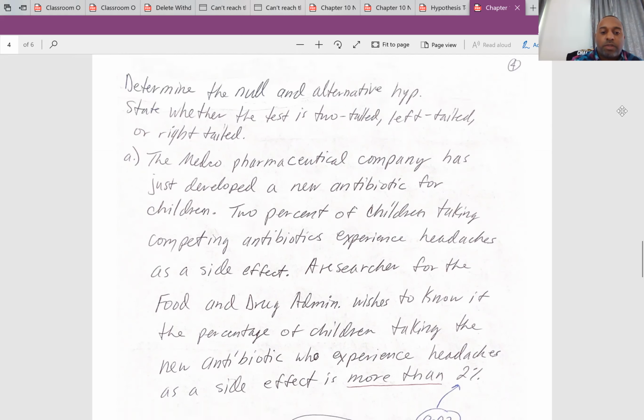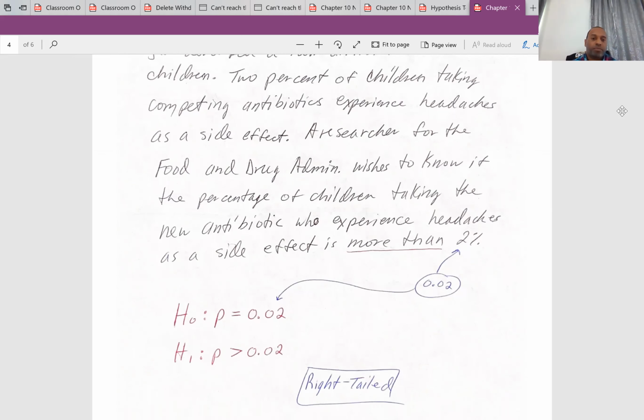All right, so this would be our null and alternative hypothesis. Notice this part is always going to be the same, H0 over H1. The parameter that we're using here is percentage, so that's why I use P for percentage.